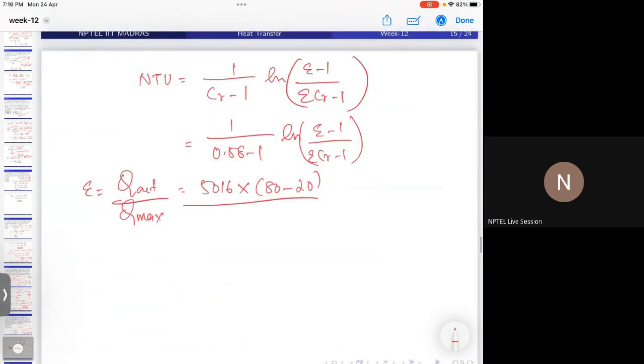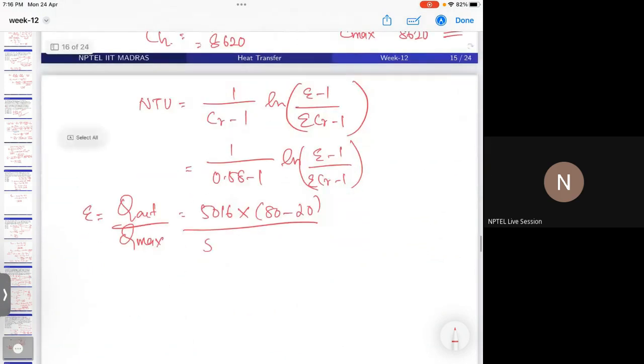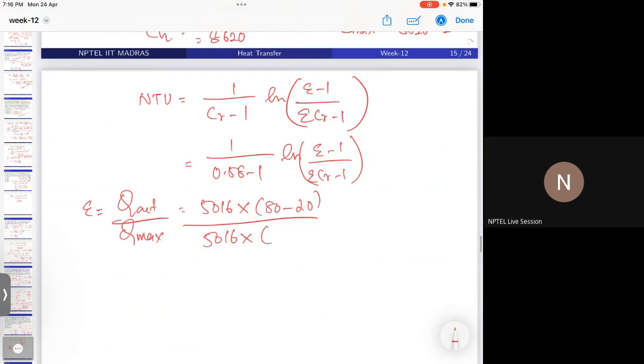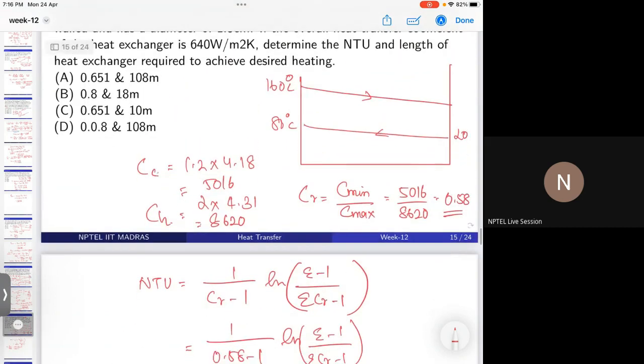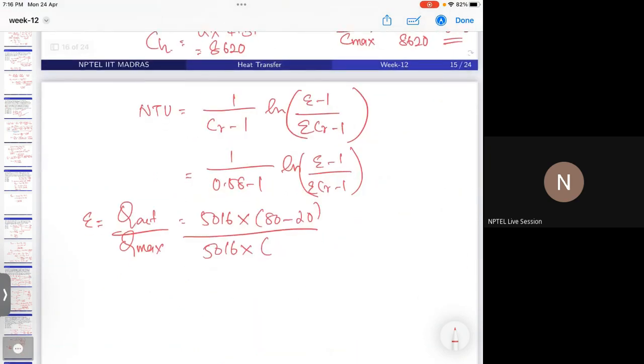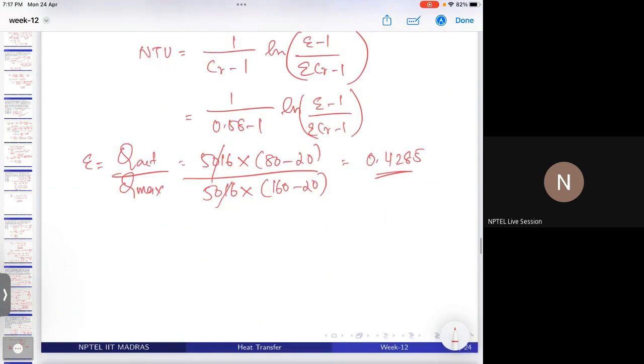Q max is the maximum possible heat transfer, that is C min, here the cold fluid itself, into T_hi minus T_ci, which is 160 minus 20. So 60 divided by 140 is around 0.4285, the effectiveness.